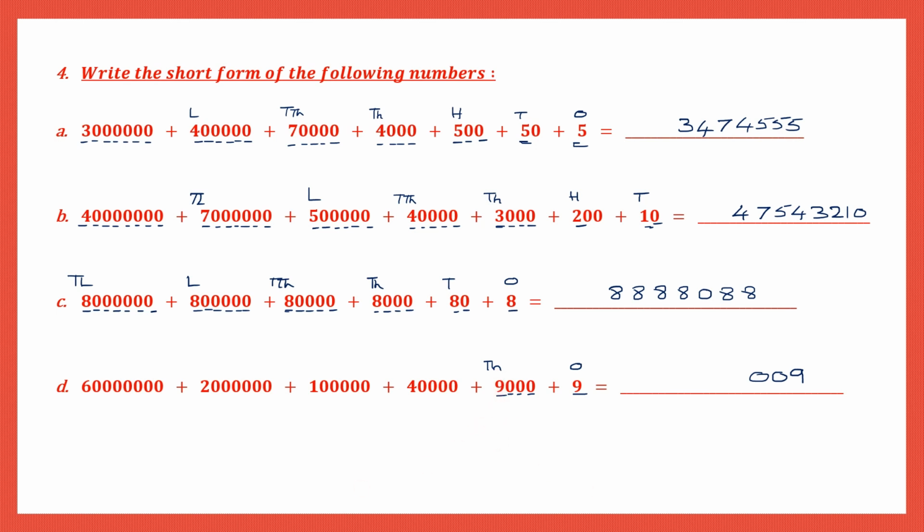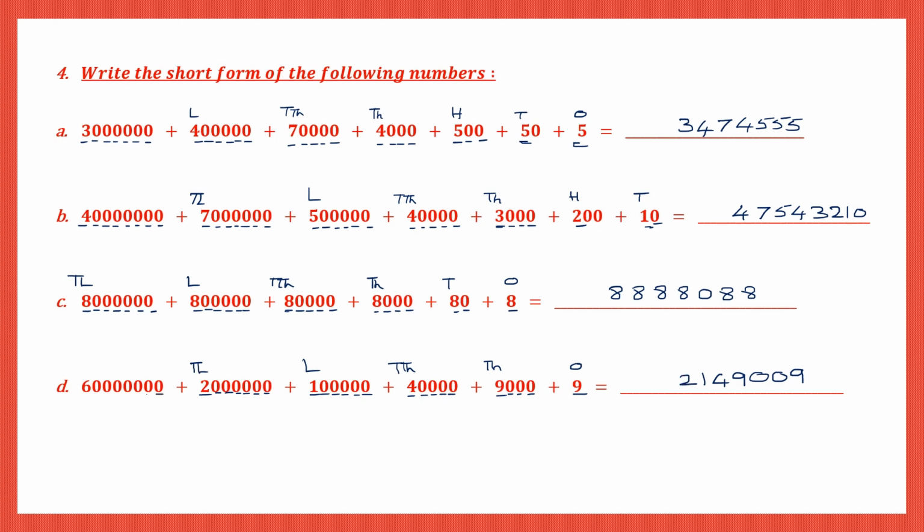So let's write 9. Then ones, tens, hundreds, thousands, 10,000. So in the 10,000s place, we have 4. Ones, tens, hundreds, thousands, 10,000s, lakh. So next is lakh. In the lakhs place, we have 1. Ones, tens, hundreds, thousands, 10,000s, lakh, 10 lakh. 10 lakhs place, we have 2.